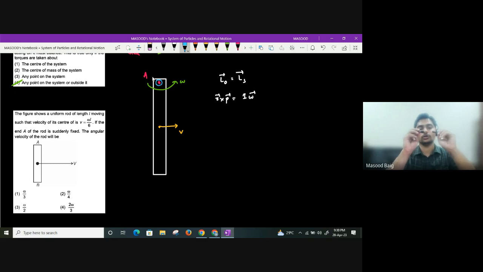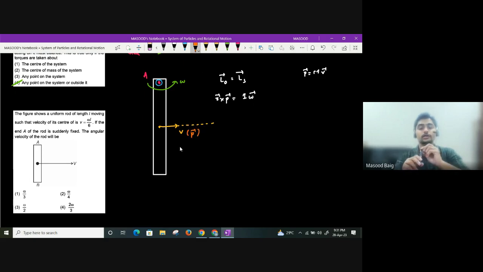In the same manner, we are going to do here, guys. Firstly, we are going to consider an axis passing through point A. There we took line of action of force for calculation of torque. Here we are going to take line of action of linear momentum. As we all know, linear momentum is given as mass times velocity. In whichever direction velocity is there, in that direction we are going to have linear momentum.